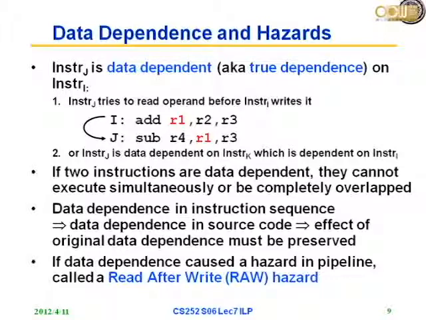And whenever there's such a dependence, do we say there's a hazard? Whenever there's a dependence, do we say there's a hazard? Yes or no? You think that's yes? Why?